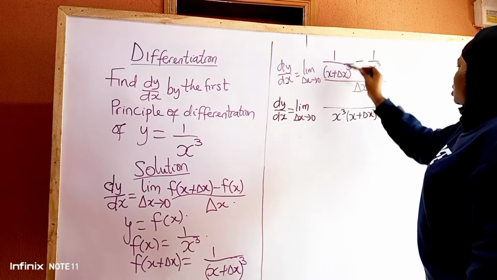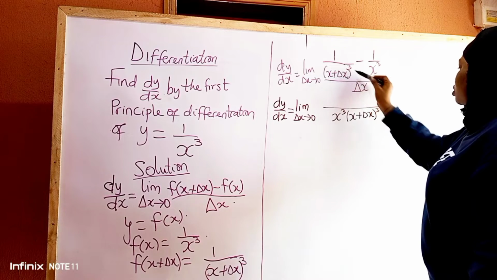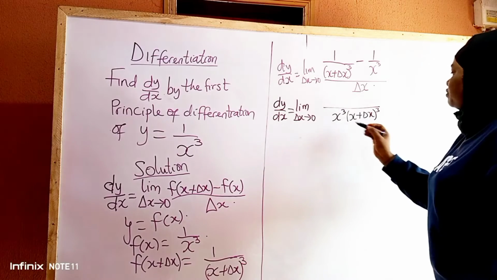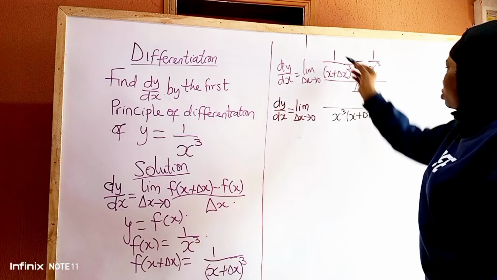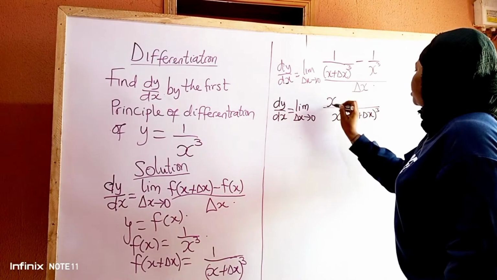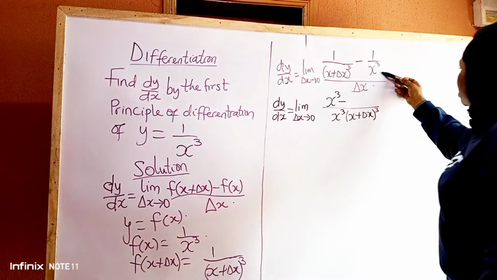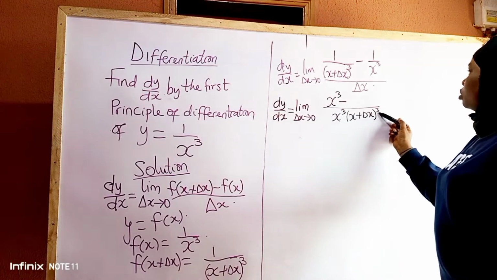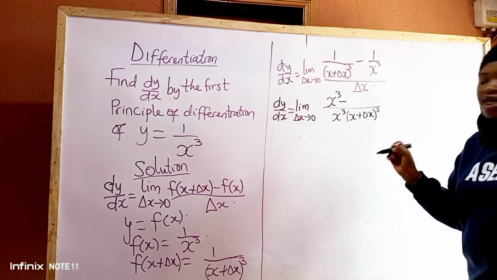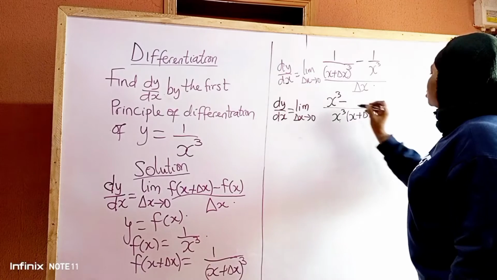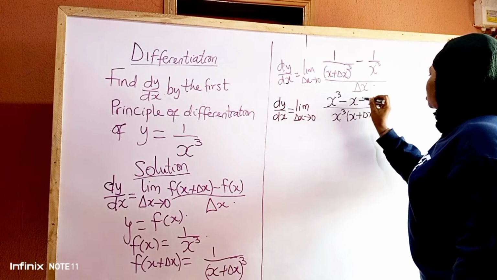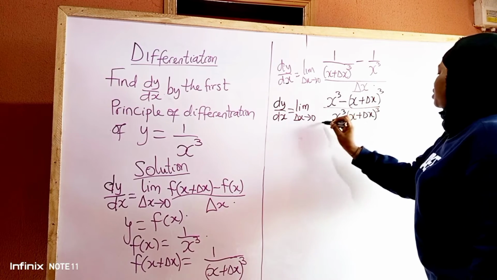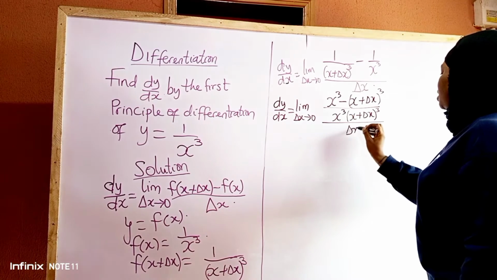Then x cubed into brackets x plus change in x cubed gives me x cubed. So this x cubed multiplied by 1 gives me x cubed. Minus x cubed in x cubed multiplied by x plus change in x cubed gives me x plus change in x cubed. So multiply by 1, x plus change in x cubed. Everything over change in x.